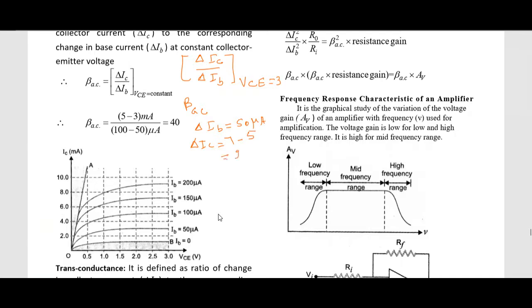So delta IC is 2 milliampere. Beta AC is equal to delta IC, 2 milliampere, divided by 50 microampere.